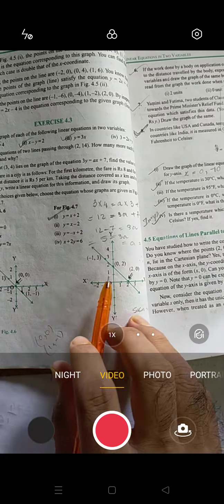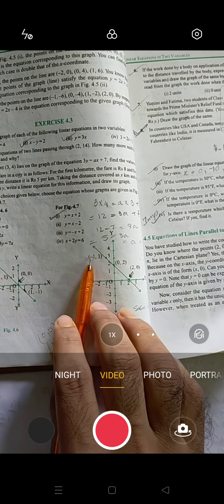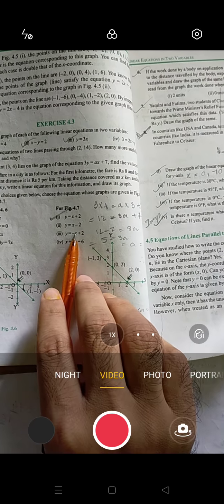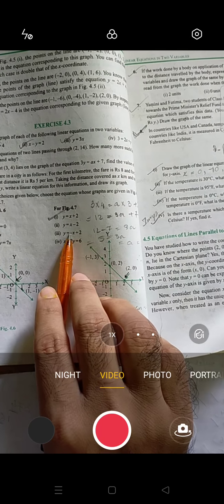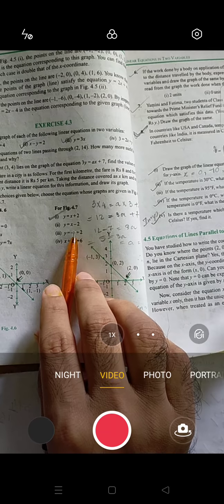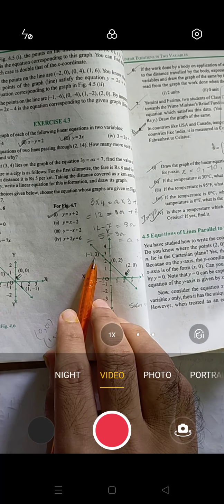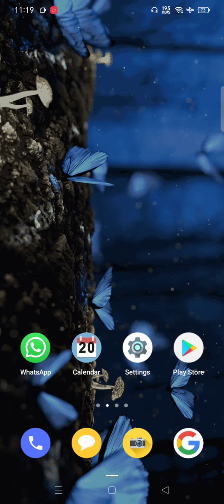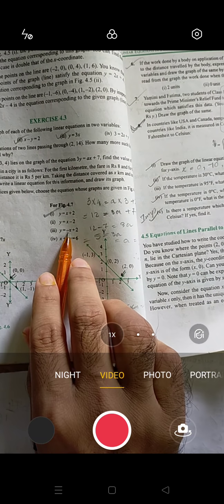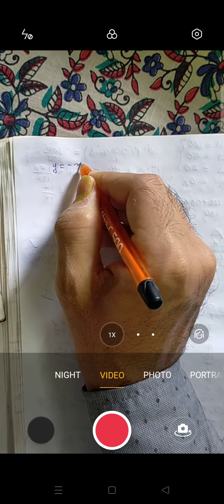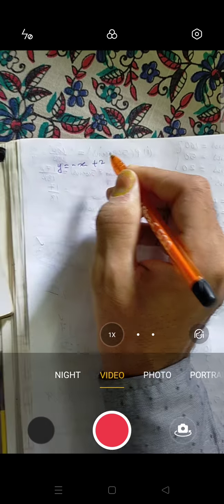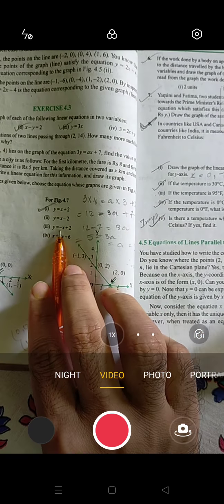Now number 3, if I put x as -1, minus minus will become plus, plus 1. So 1 plus 2 is 3. You are getting 3 or not? It has been given y is equal to -x plus 2.